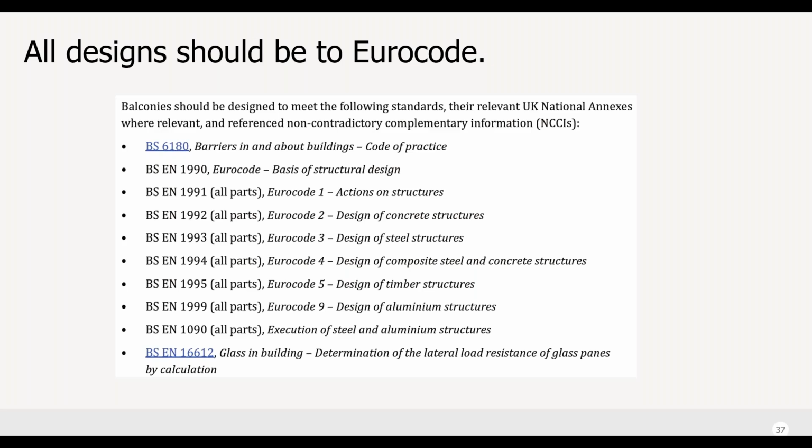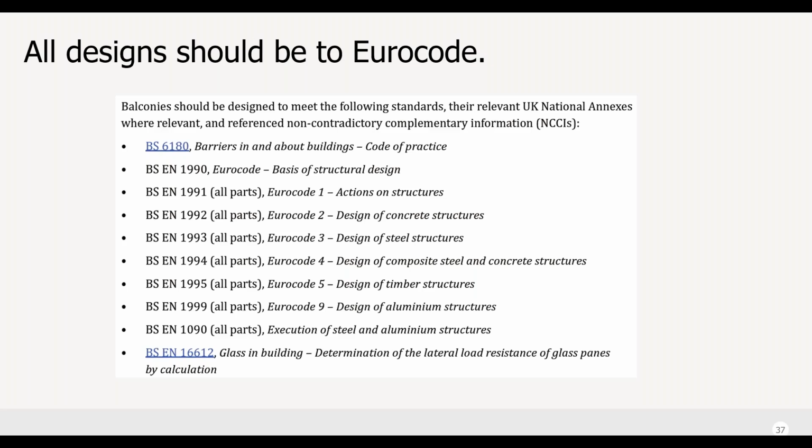There's also reference there, you can see, to BS 6180, which is still the governing document for the barriers and would cover the Juliet loadings that Mark referred to earlier. I think it's under revision, but it's an old document, and it's still very relevant.